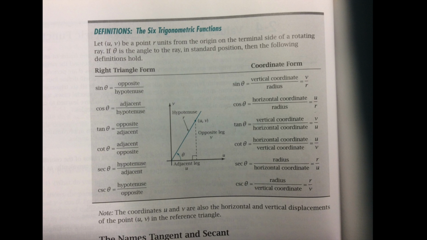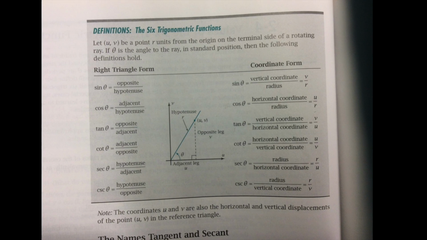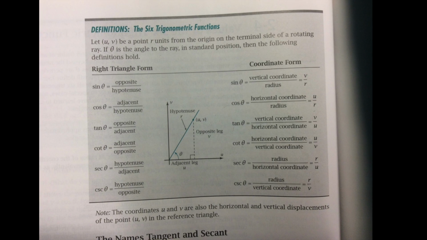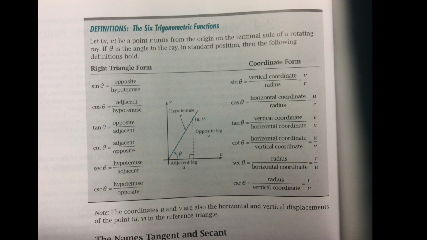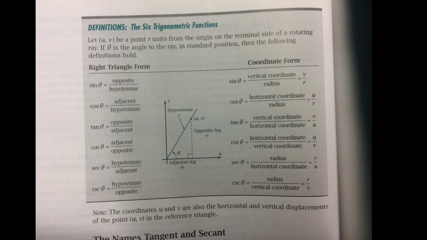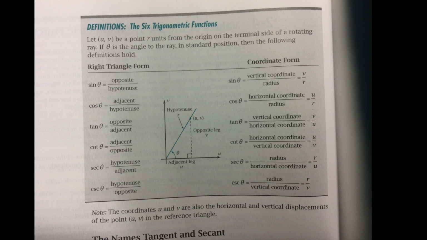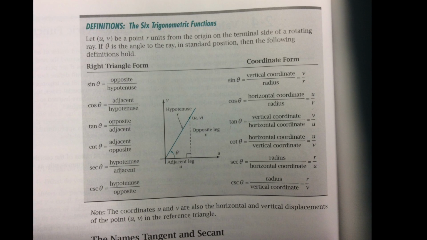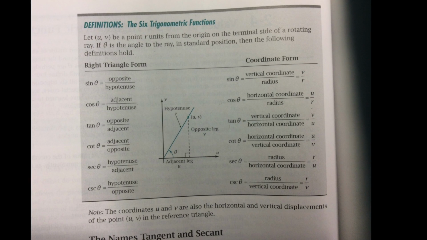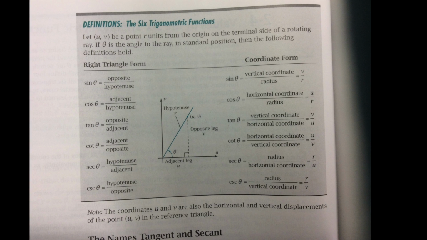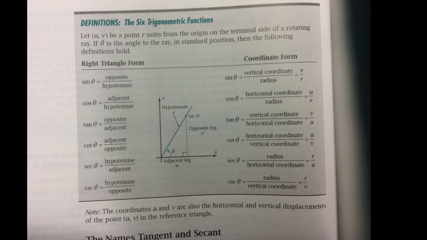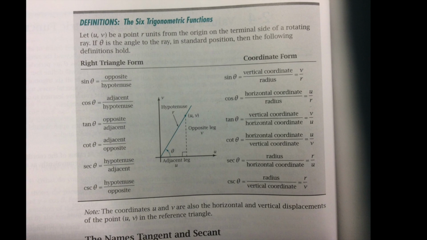With a right triangle, we define them all as hypotenuse and opposite, adjacent and opposite, all that stuff. Over here, what's going to happen instead is we're going to deal with the vertical coordinate divided by the radius, or the vertical coordinate divided by the horizontal coordinate, etc. That's our new definition of sine, cosine, and tangent, as well as cotangent, secant, and cosecant.